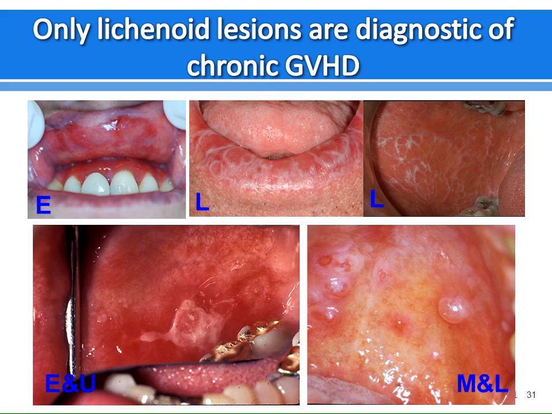In contrast to these examples of erythema, lots of redness, again more lichenoid lesions here on the lip, lichenoid lesions on the inside cheek. Here's a big mucocele on the palate, and here on the buccal mucosa, very angry and red, this is a pseudomembranous ulcer. Sometimes it looks a bit more yellow than that, but that's the pseudomembrane over the ulcerated skin.